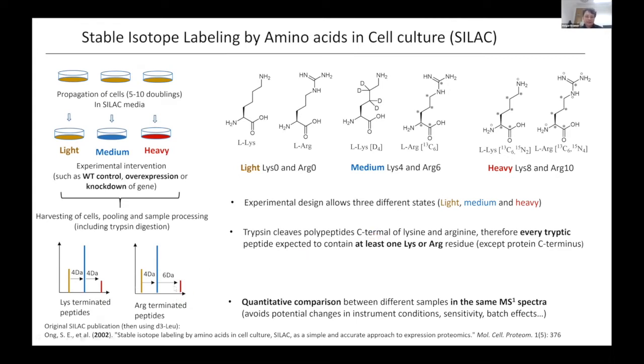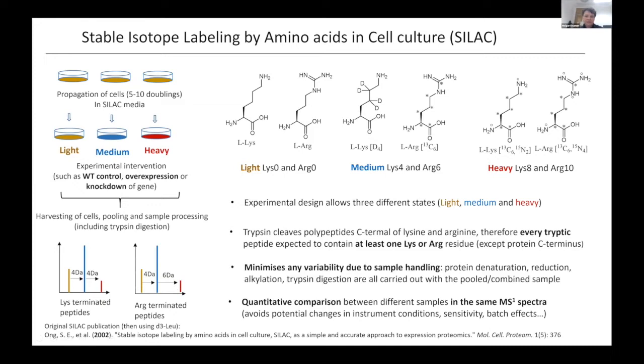And that's intrinsically powerful, because it means that we can do the quantitative comparison within the same mass spectrum, because the differently labeled versions of these peptides will behave chemically the same, meaning in any separation, like liquid chromatography, they will elute off the chromatography column at the same retention time.